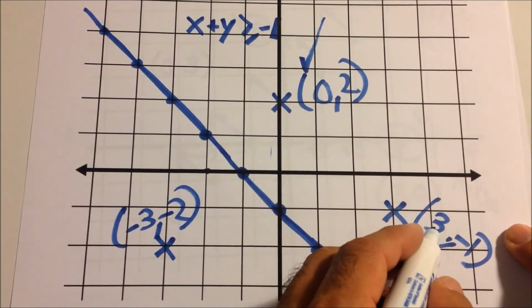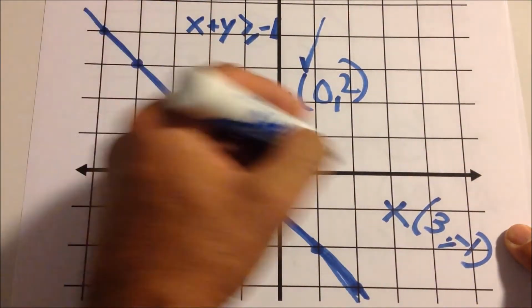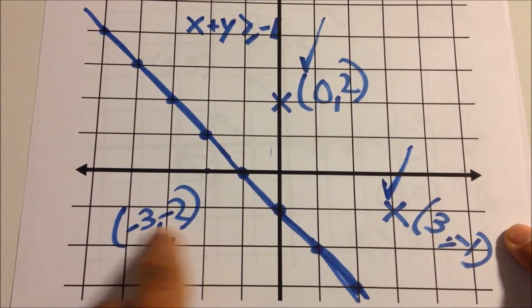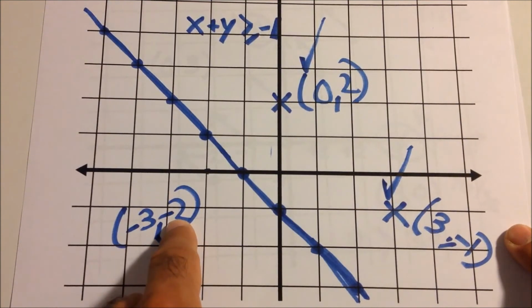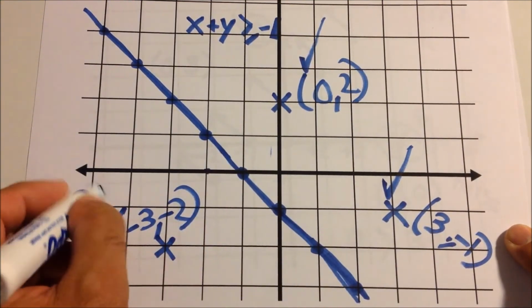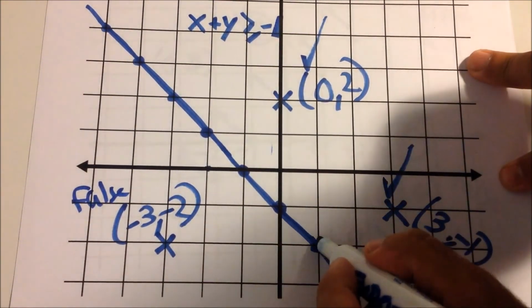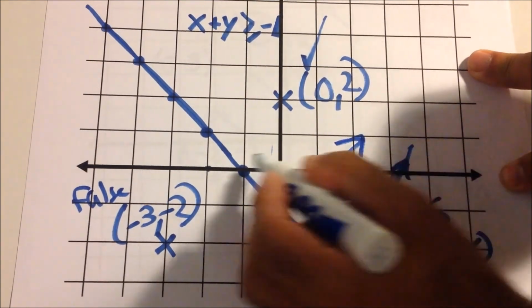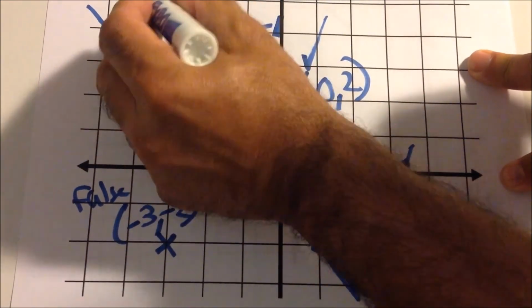Here 3 plus negative 1 is 2, and 2 is greater than or equal to negative 1, so this works. Let's see if this works. Negative 3 plus negative 2 is negative 5, and that's not greater than or equal to negative 1, so this is false. So we know now that to solve this inequality, every point going this way, we just put lines, works.